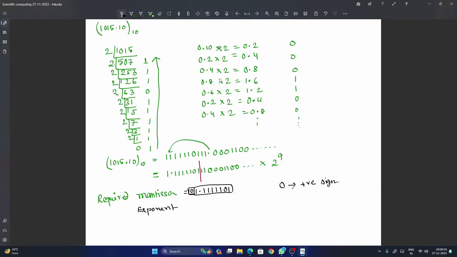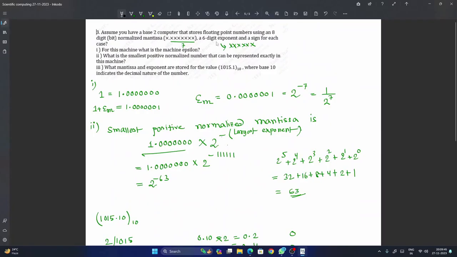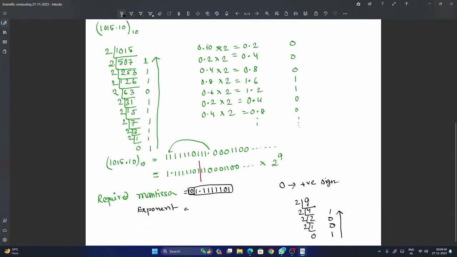And in the exponent format, this is 9, so 2^3 plus 2^0, so it is 1 0 0 1, but the space actually allocated here is 6 bits, so you have to put 0s before that number.